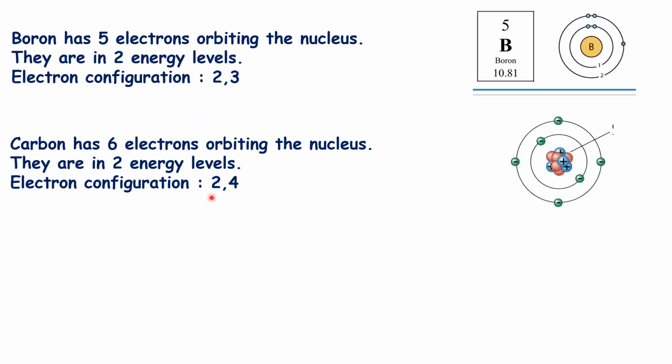That's why we say that the electron configuration is 2, 4, meaning 2 in the first energy level and 4 in the second energy level. First energy level is the nearest to the nucleus, and the second one is further from the nucleus.